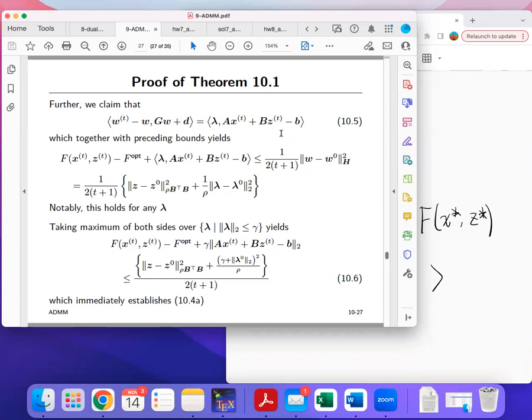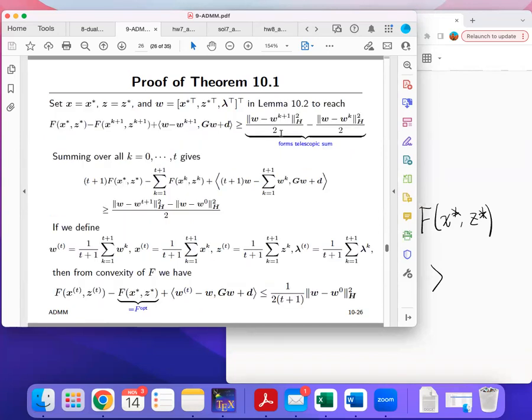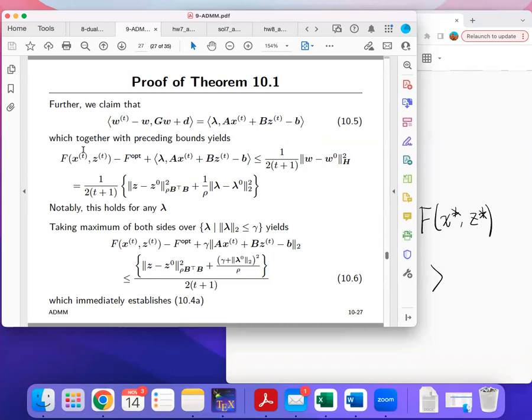Okay, now we have this term. Now plug it into the previous equation. Put it back, replace this inner product term by that one. We will have this result. And this f is the optimal value of f.